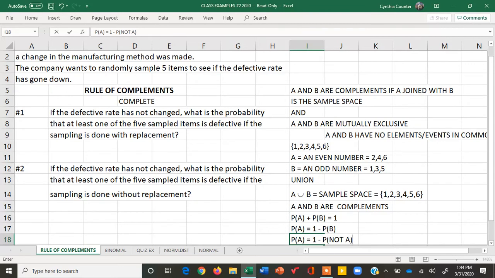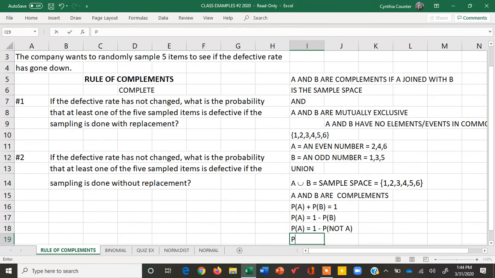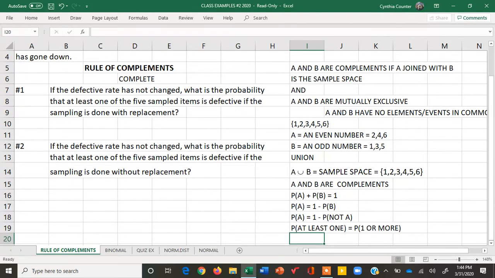For the example we are doing, we are going to look at the probability of at least 1. Well, let's be a little more specific here. At least 1, to make sure everyone understands, is the probability of 1 or more. So the complement of 1 or more is 0.